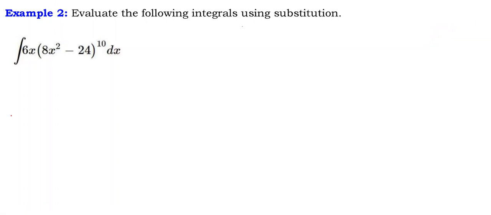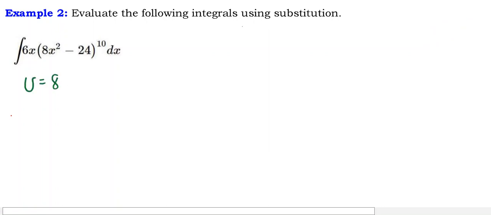As I said, the first step is to identify what u is. U is the inside function inside the parentheses. But now we want to find the derivative of this, du dx. That's just going to be 16x.